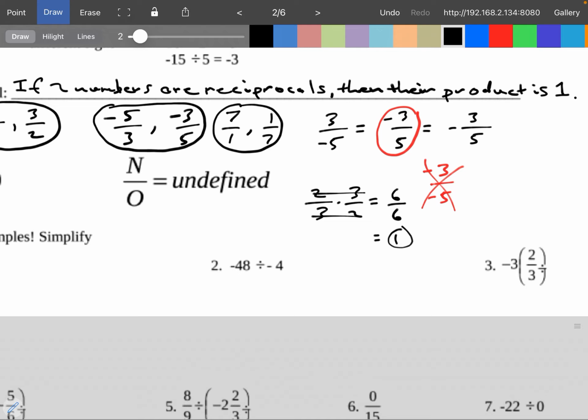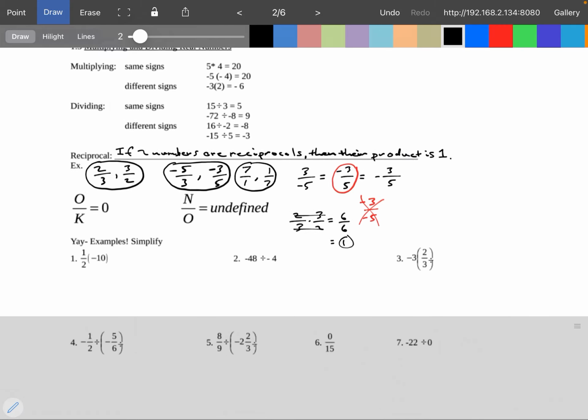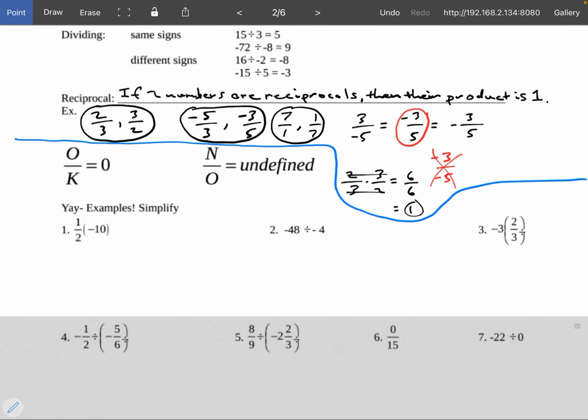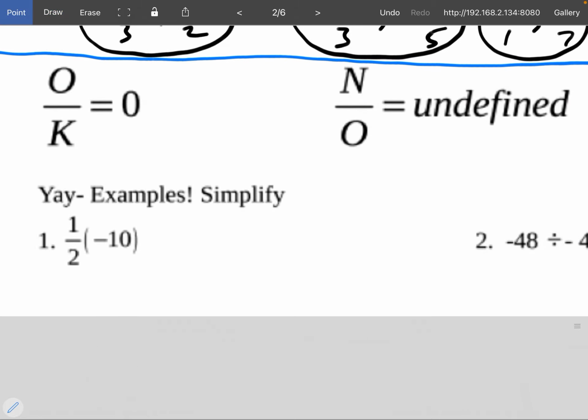Okay, then they got a couple other examples here. Let me kind of separate this off a little bit here. All right, there we go. So then they have this thing written right here, which what they're trying to tell you here, I'll zoom in on this.